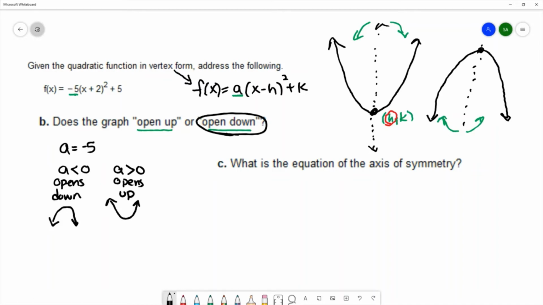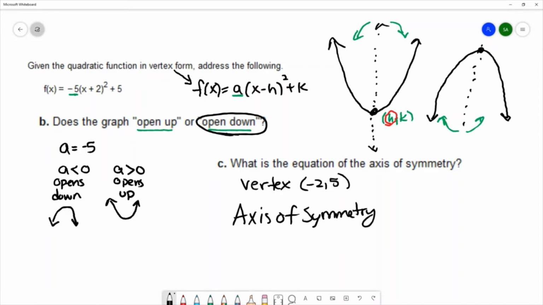From earlier, we found that the vertex was the ordered pair (-2, 5). So our axis of symmetry is the vertical line x equals -2.